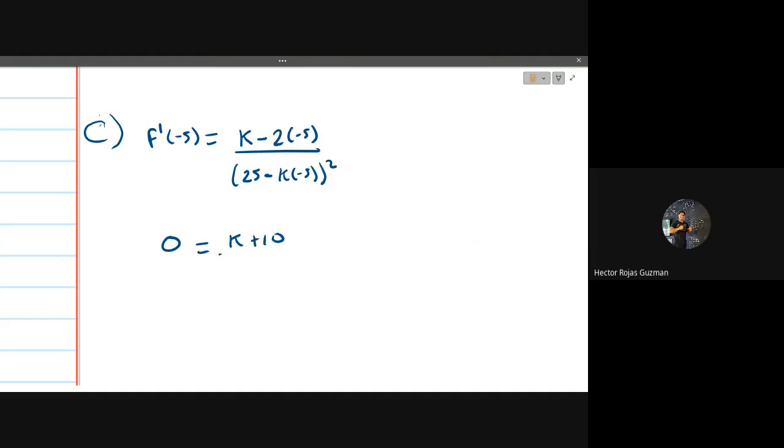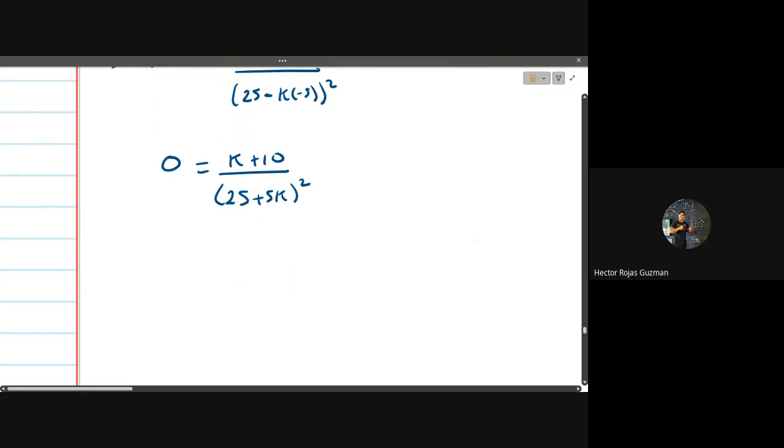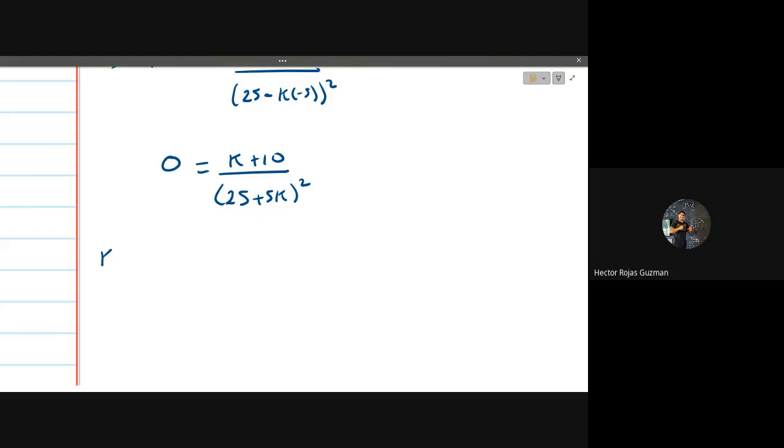K plus 10, over 25 plus 5k squared. If the top is 0, then the whole thing will be 0. That happens at k equals -10. That was the point.